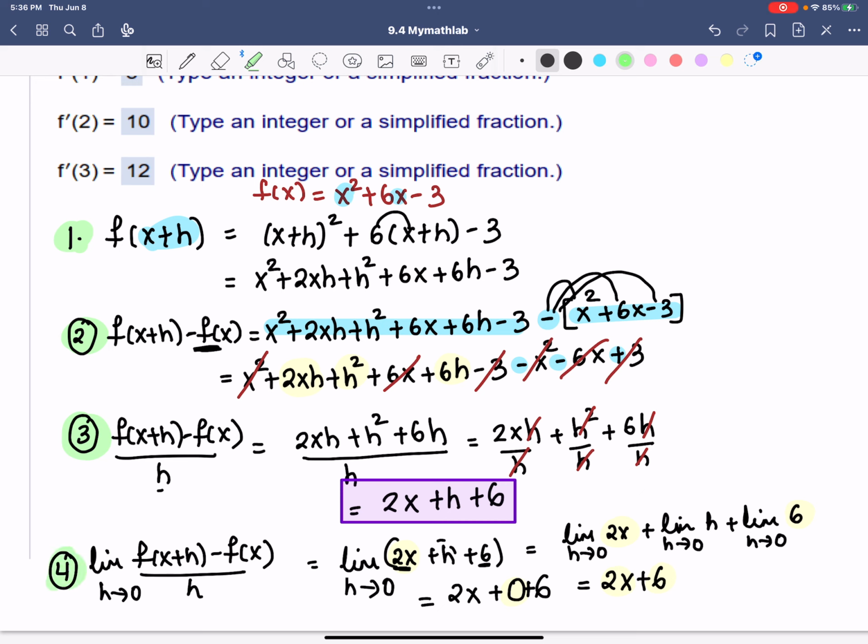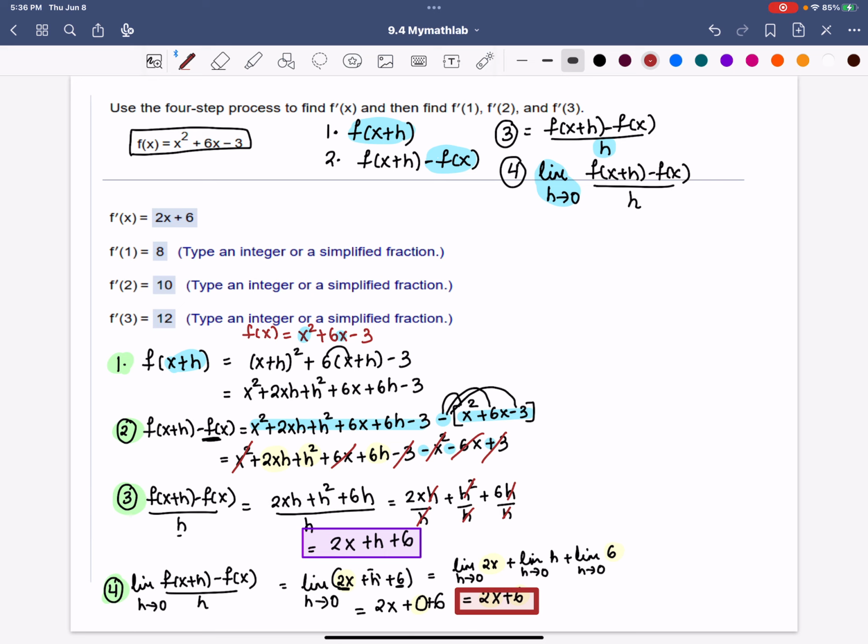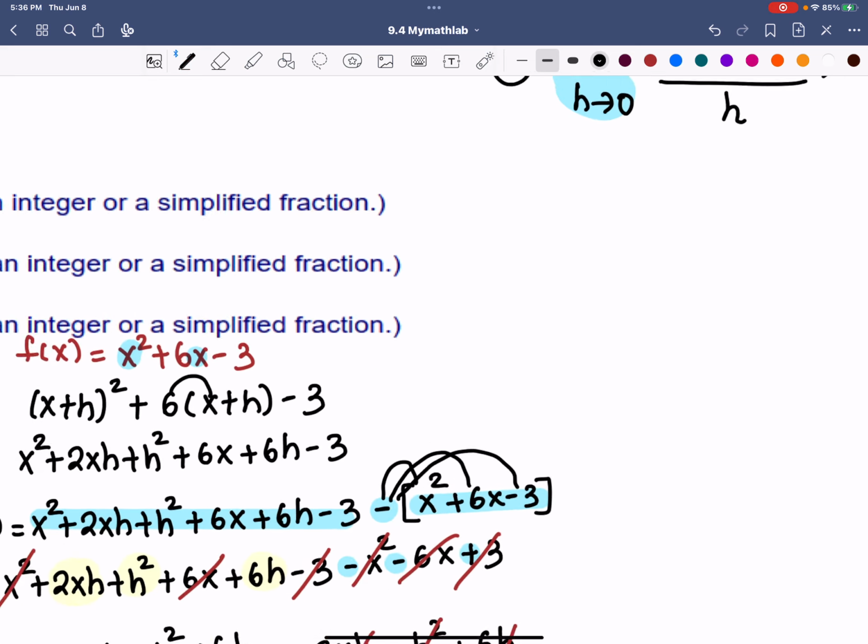After all of this, you get this answer here, and that answer is your derivative. That answer is your rate of change, and that answer is your velocity. And how do I write that?